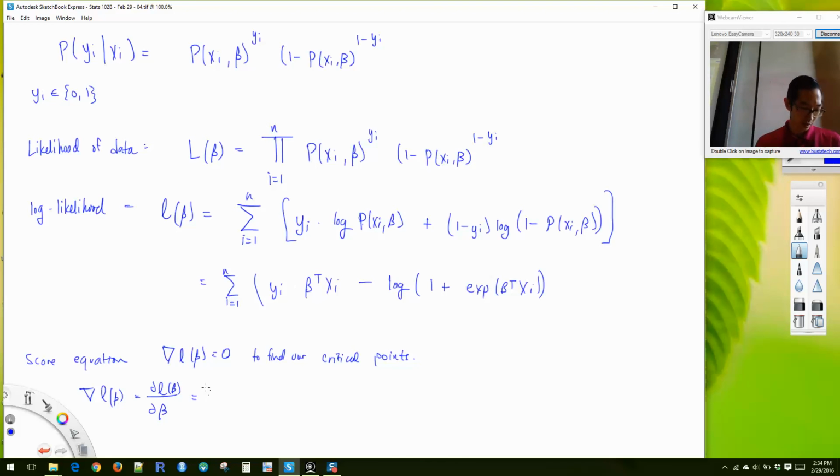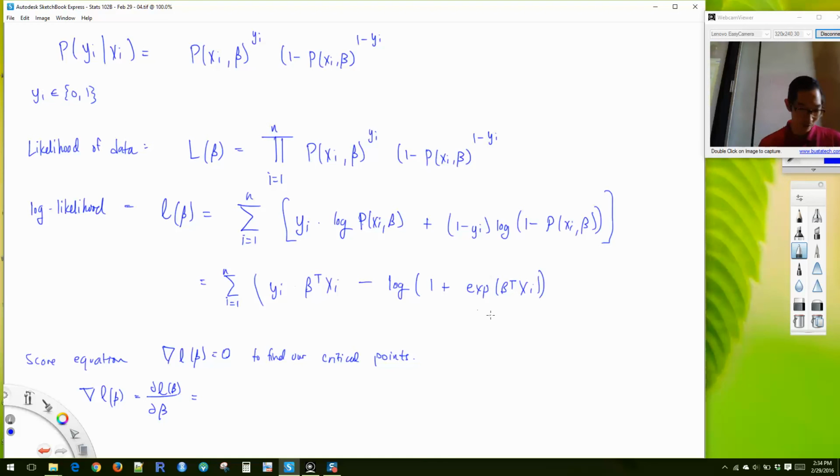Now how did I do this? When you take the derivative of a log, it's 1 over that thing, and then applying the chain rule, you multiply by the thing on the inside.